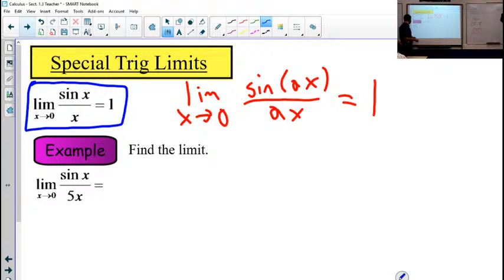What we're going to end up doing is taking this 5 and turning it into a 1, so we have something that's sine of x over x. If I want this to be a 1, what do I need to multiply top and bottom by?